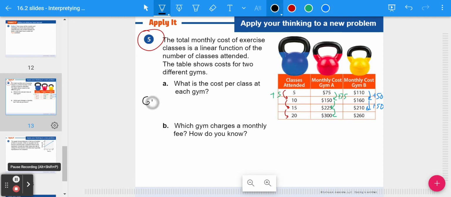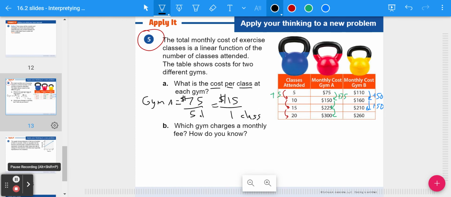So let's take gym A. It says cost per class. The cost is going up $75 every 5 classes, which if you divide 75 by 5, you can divide them both by 5 and you get $15 per 1 class.